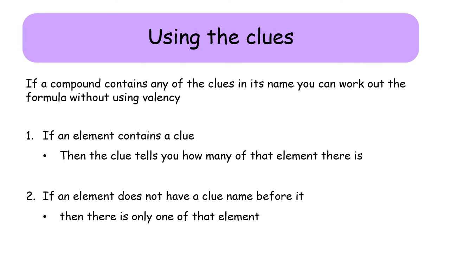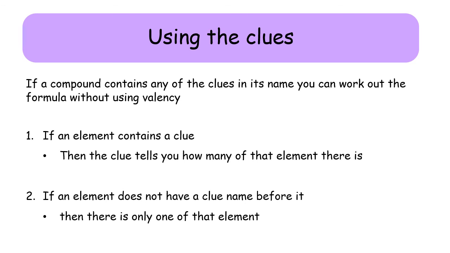If an element doesn't have a clue attached to it, then there's only one of that element. So for example, in carbon dioxide, the di part was a clue for oxygen telling you that there were 2 oxygens, but carbon didn't have a clue, which meant there was only 1 carbon.